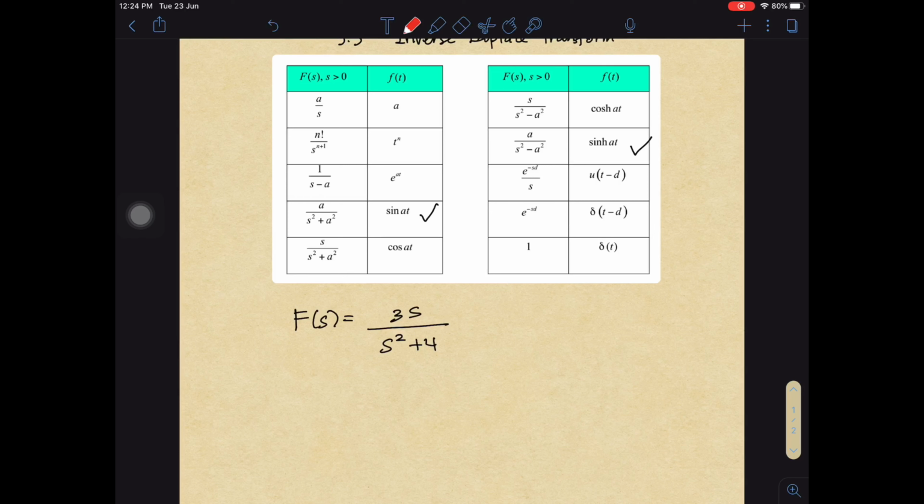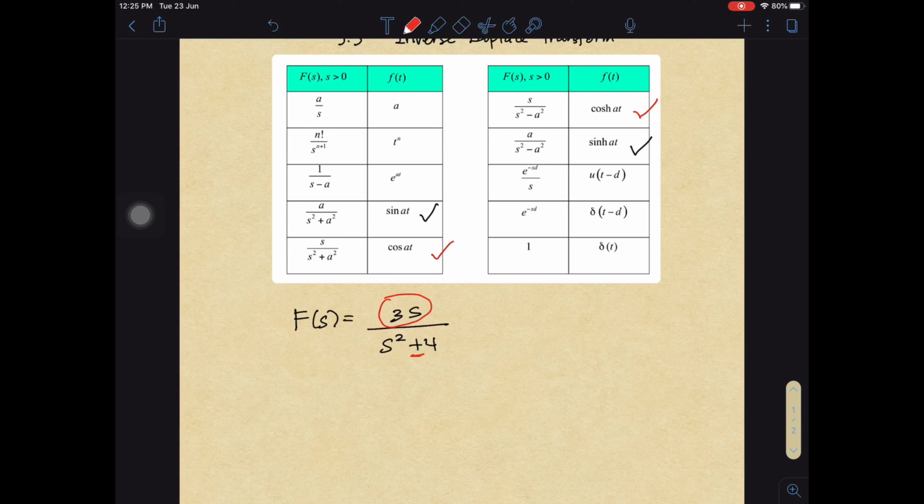Okay, you have the numerator in the form of a constant times s. For this case, if you find the Laplace transformation in this form, this will be related to the function f(t) equal to either cos at or cos hyperbolic at. The difference between these two is only the sign here. If it's minus, then it's related to cos hyperbolic at. If it's plus, then it's related to the function f(t) equal to cos at.